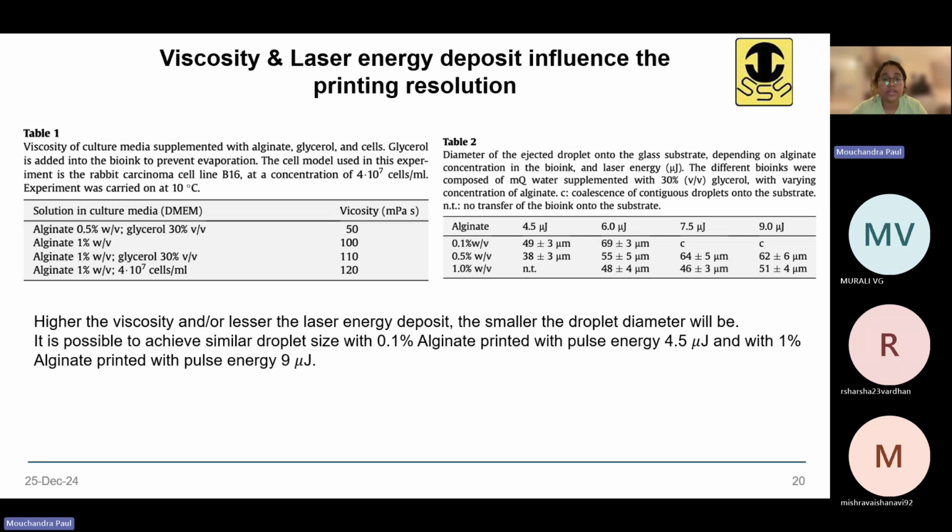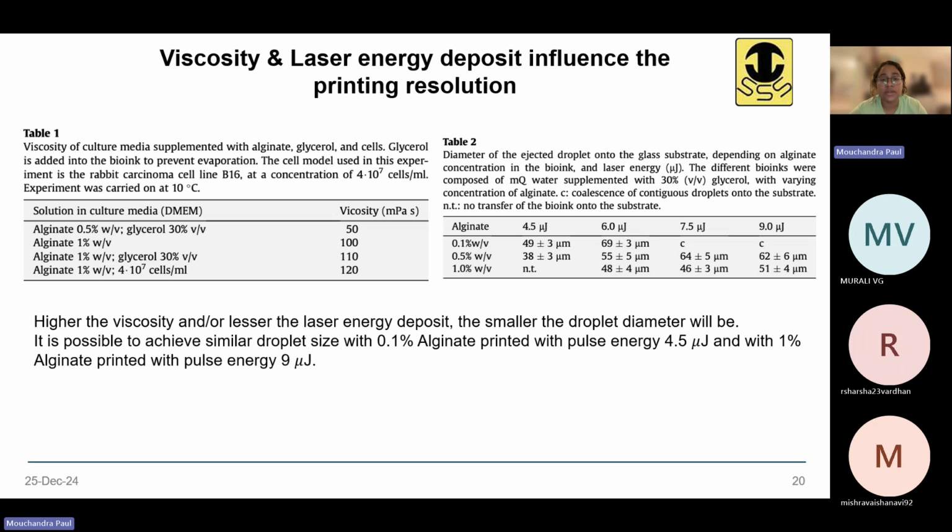As you can see, as they increase the laser energy, the size of the droplet increases. If you follow row 2, where they're using 0.5 weight% alginate, with increase in laser energy the droplet size is almost increasing.